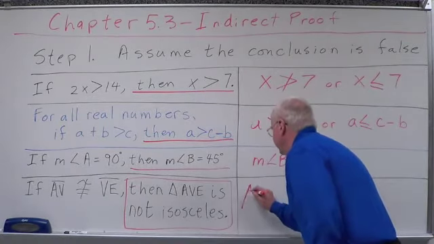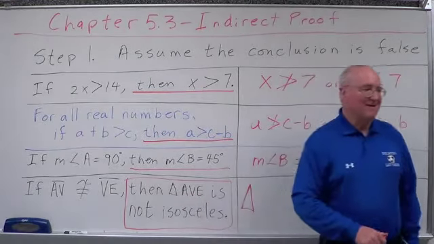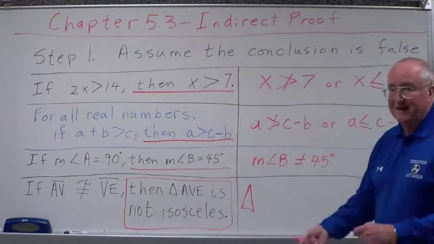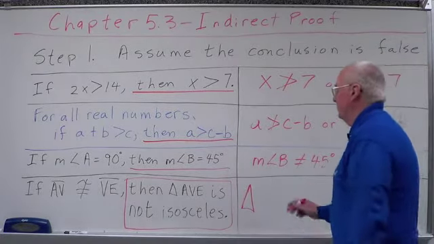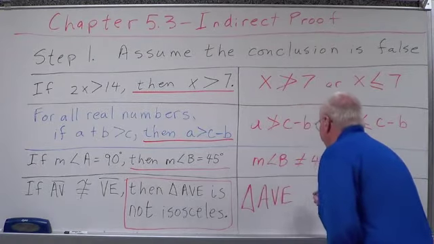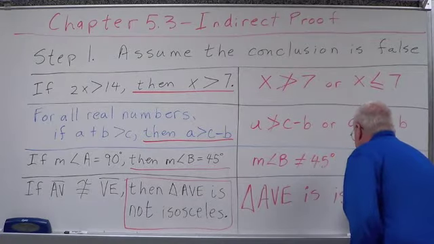Well, pretty easy. Negate what is here. Well, it's already negative, Coach. What can we do now? Negate it. If we negate a negative, we make it positive. So, triangle AVE is isosceles.